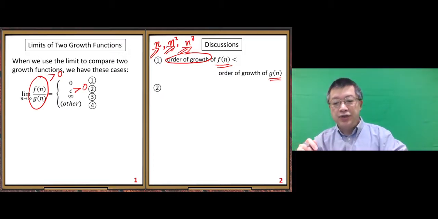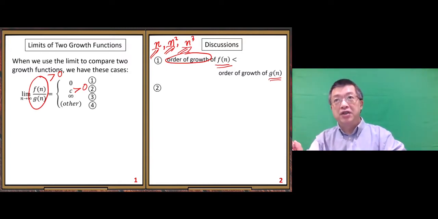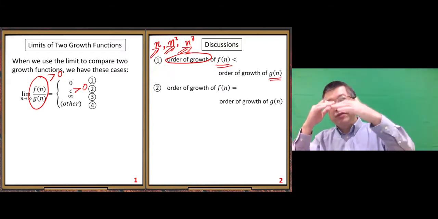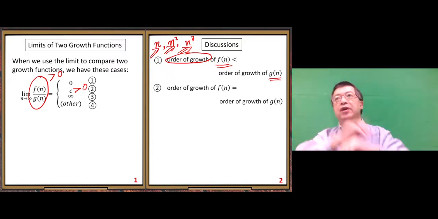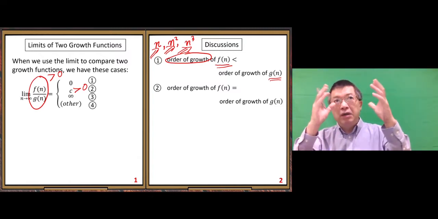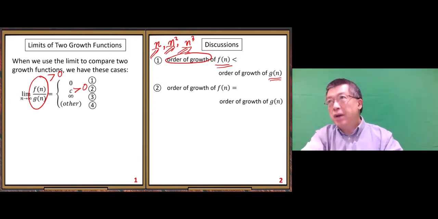Case 2, a non-zero positive constant c: we say those functions have the same order of growth, because the difference is only a positive constant.